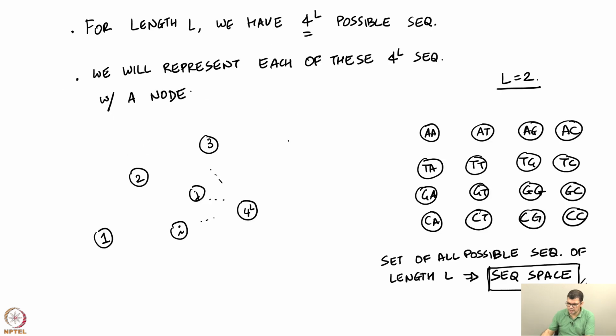So, in the previous example that we looked at, all of these 16 sequences are of length 2. So, I can pick any two of them and define the Hamming distance between them. However, what I cannot do is define a Hamming distance between one sequence from this group and one sequence from this group, because these are nodes which represent sequences of length L, whereas these are nodes which represent sequences of length 2.